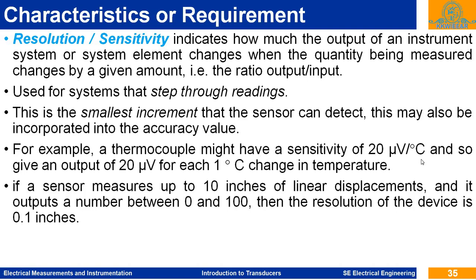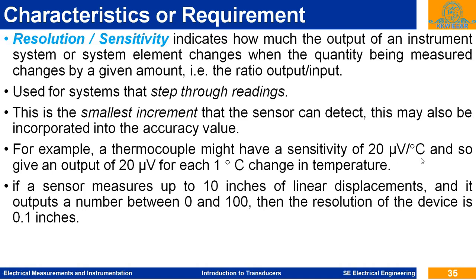Okay. So there is an example of sensitivity. If there is a change in temperature by 1 degree centigrade, then for this change of 1 degree centigrade, your output is changed by 20 microvolt. 20 microvolt. Okay. So 20 microvolt is a very small quantity.